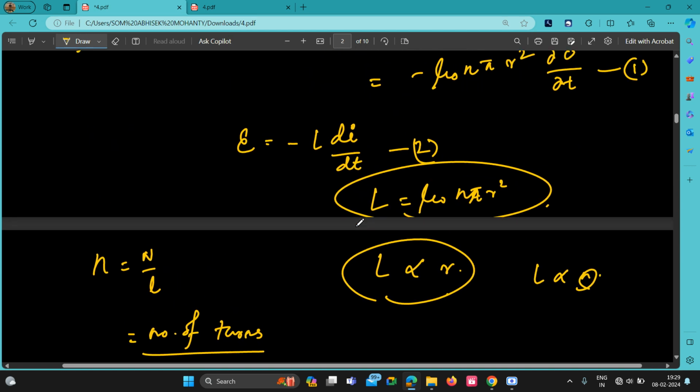Okay. So now see, your L formula is how much then? Mu naught n pi r square.